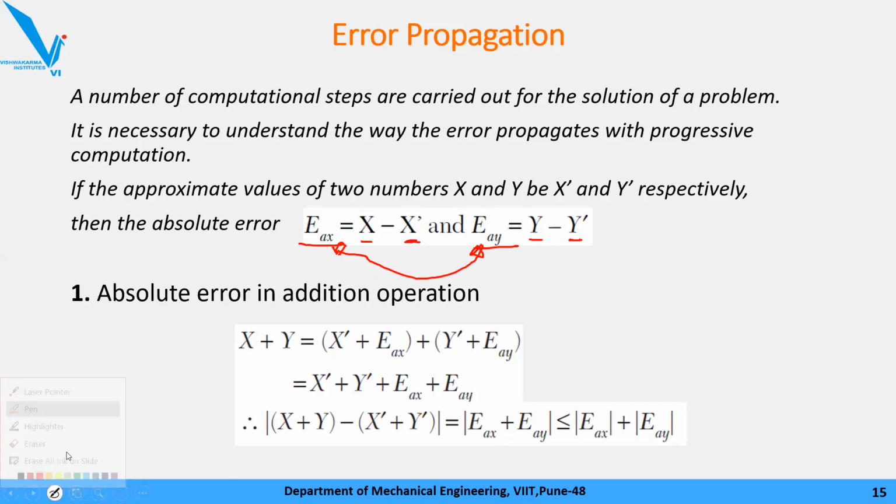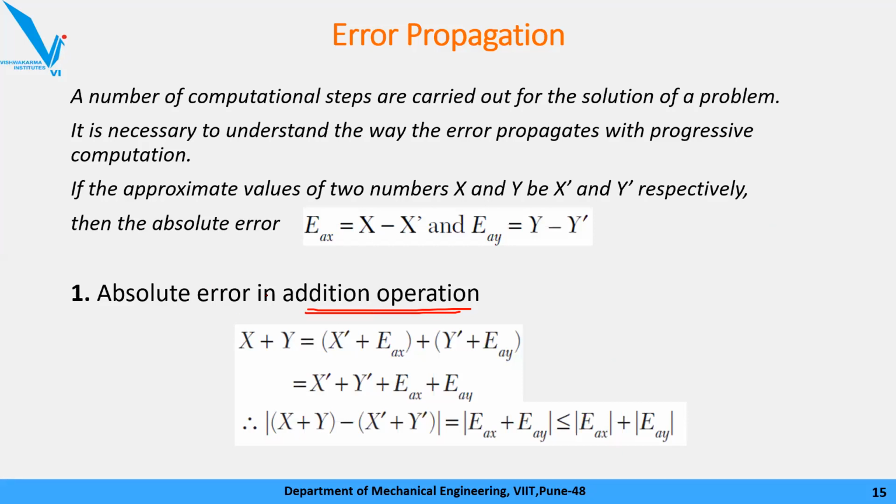That's why we are going to learn error propagation. Okay, I hope you understood what is meant by error propagation. Due to the manipulation of mathematical operations on the errored or approximated data, the error propagates. So we'll see one example for a simple addition operation.